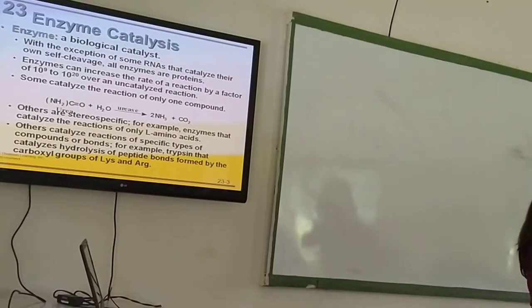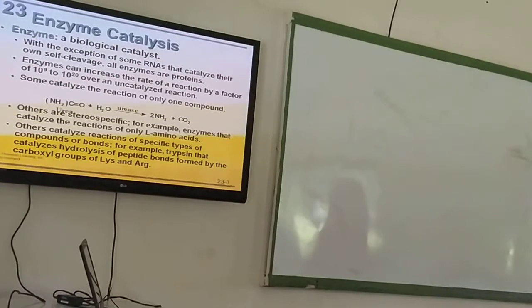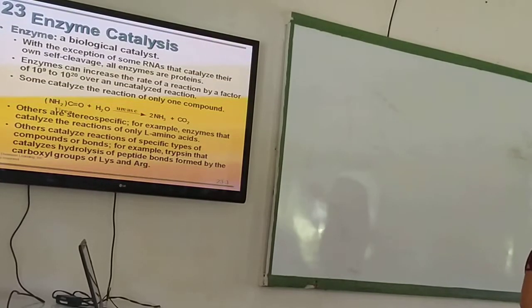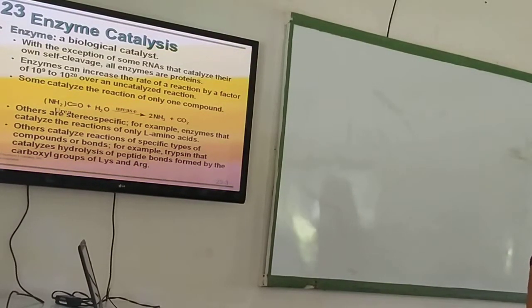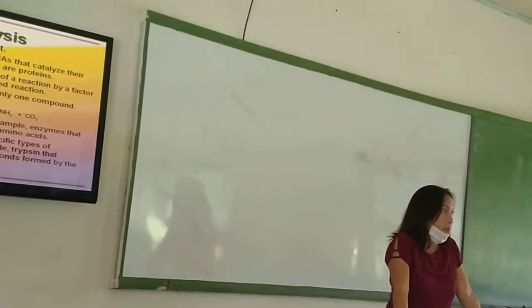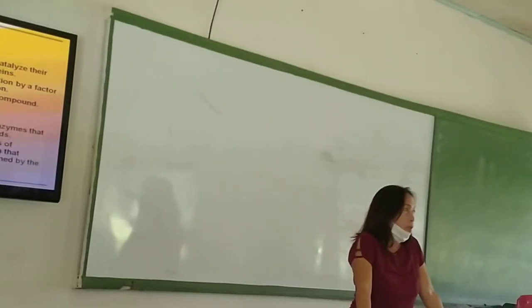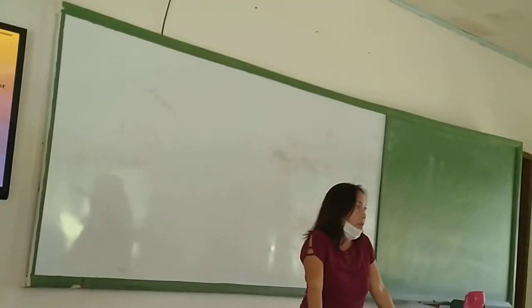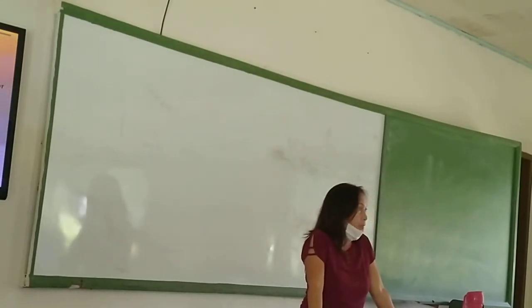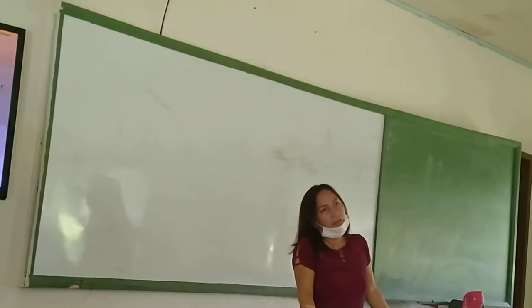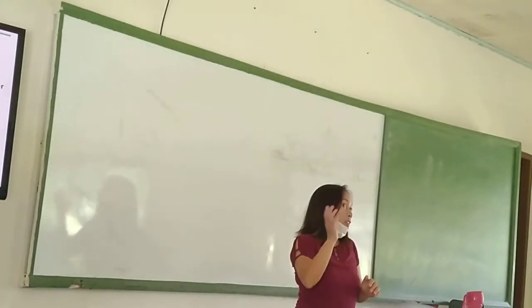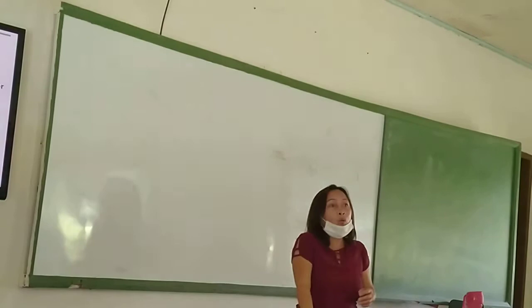How much is that? 10 to the power of 9 means you have 1, then 9 zeros. That is 1 billion. So, up to a billion times.